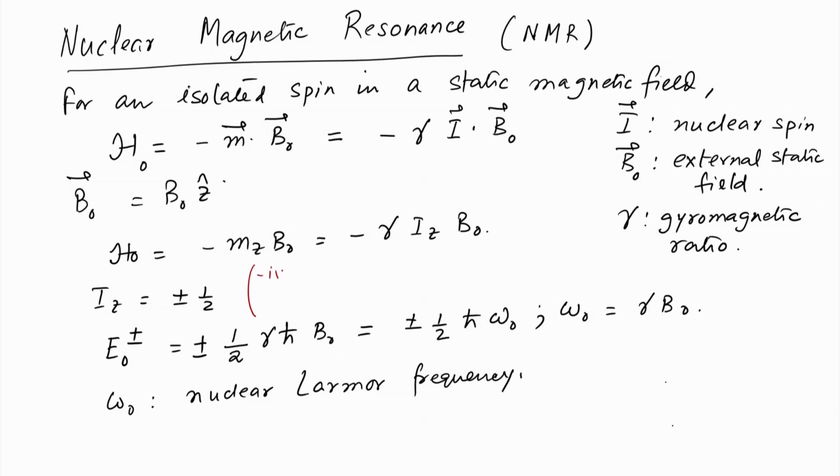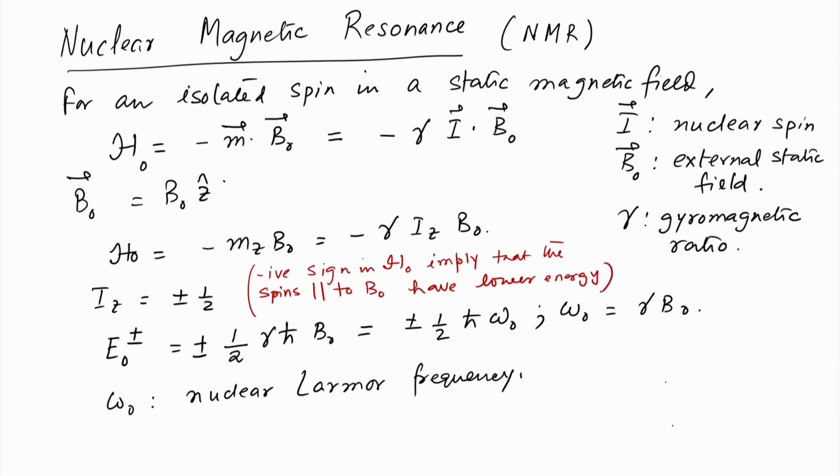The negative sign in the Hamiltonian H 0 implies that the spins parallel to B 0 have lower energy. Lower energy compared to what? Lower energy compared to the spins which are aligned anti-parallel to that of B 0.